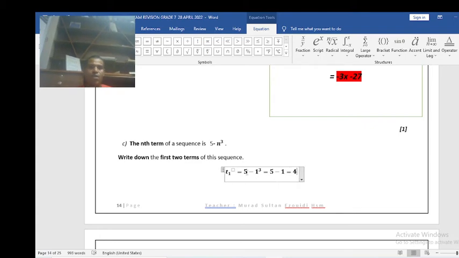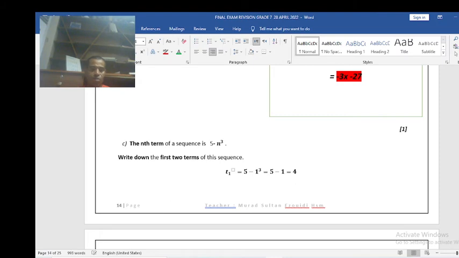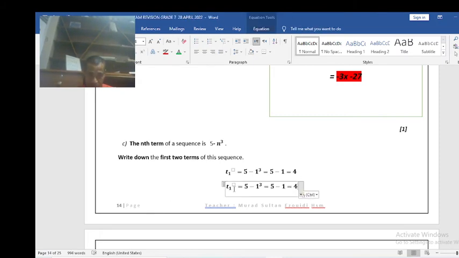This is the first one. The second term: just substitute n equals 2. It will be 5 minus 2 to the power 3. It will be 5 minus 8, because 2 to the power 3 is 2 multiplied by 2 multiplied by 2. So 5 minus 8 gives negative 3.